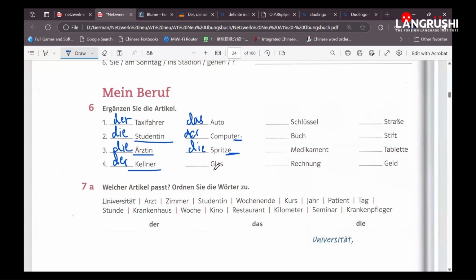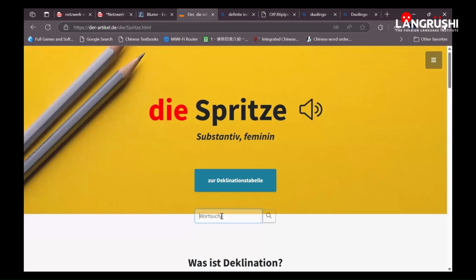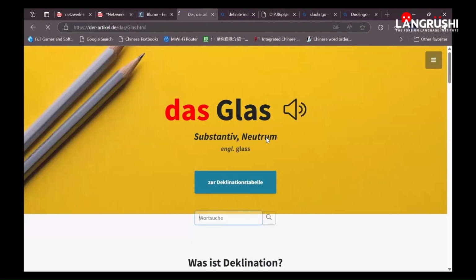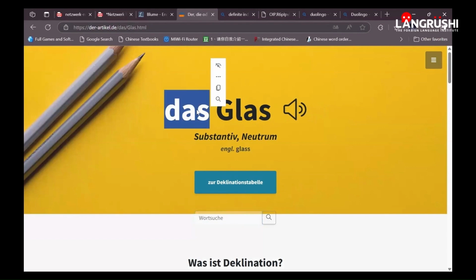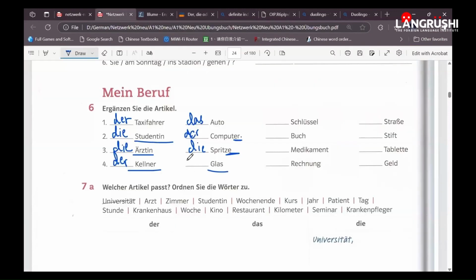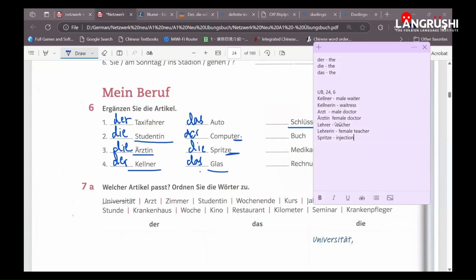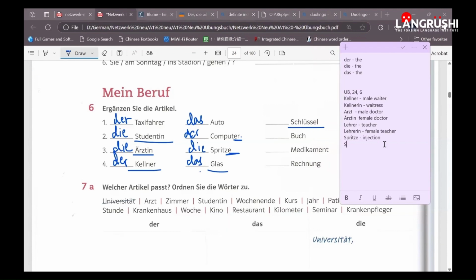Okay, next one, Ismail, Glas. Glass is glass. Das Glas. Correct. Das Glas. Okay. Next one, Sugandha, Schlüssel. Schlüssel, key.